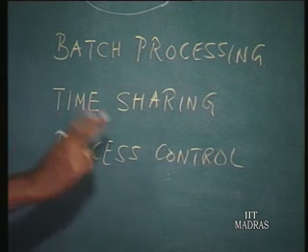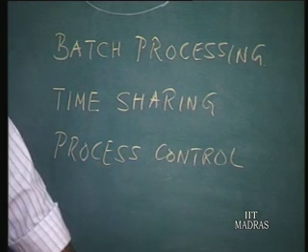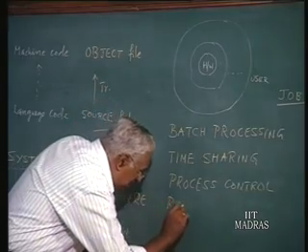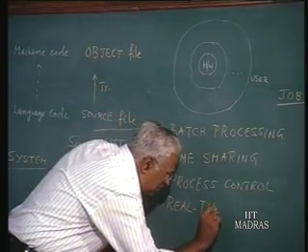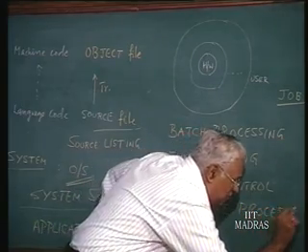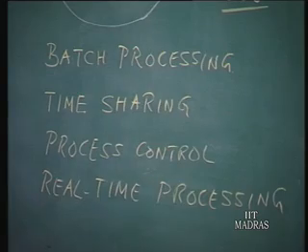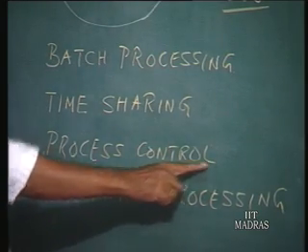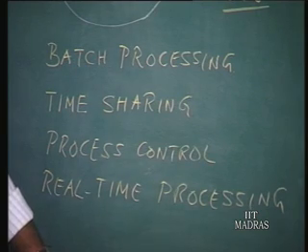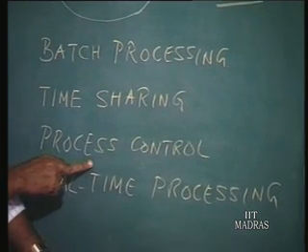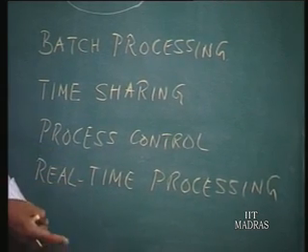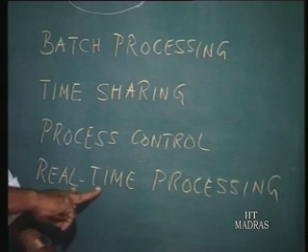The moment they saw that computers can be used very effectively in process control, the concept of real time came, that is real time processing. You are not only taking signals from the external world, what we may call live signals, you may also process them and return the processed information back to the system in real time.